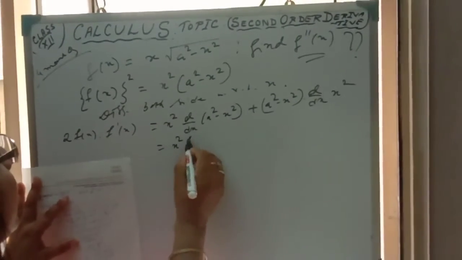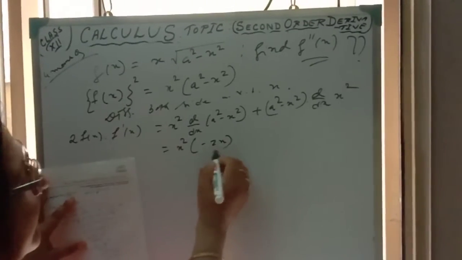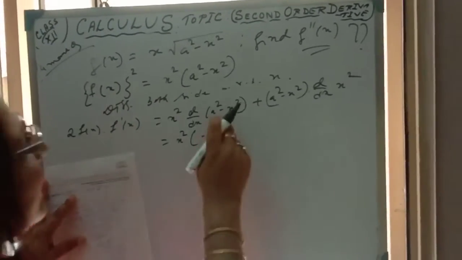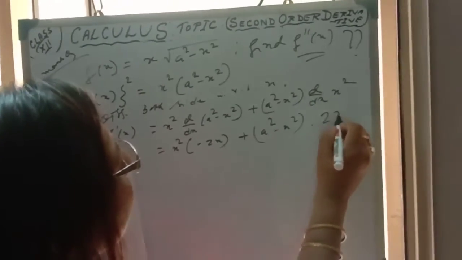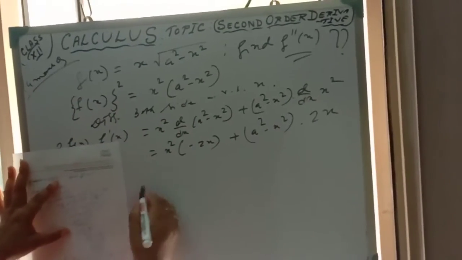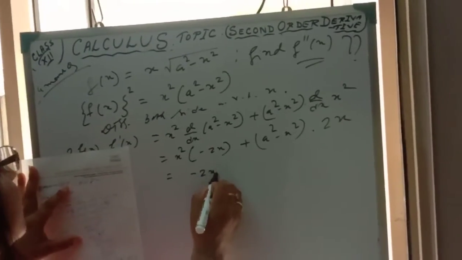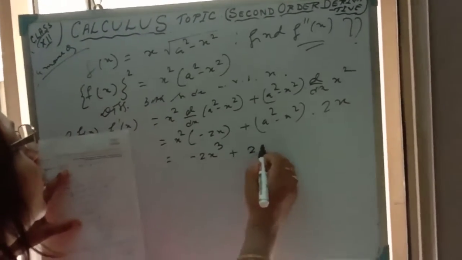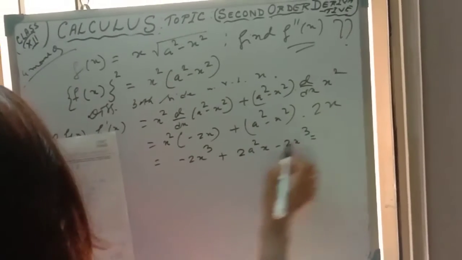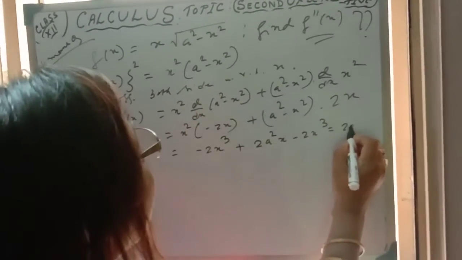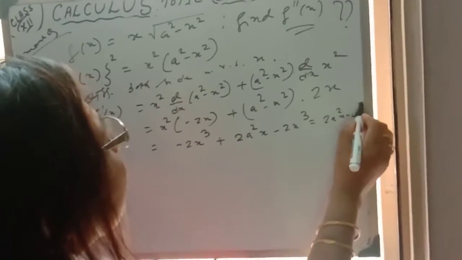Okay, x square d/dx of this is coming only minus 2x, as the a square part will be 0, and it will be a square minus x square, and again 2x. So we will get minus 2x cube plus 2a square x minus 2x cube. So it will be 2a square x minus 4x cube.